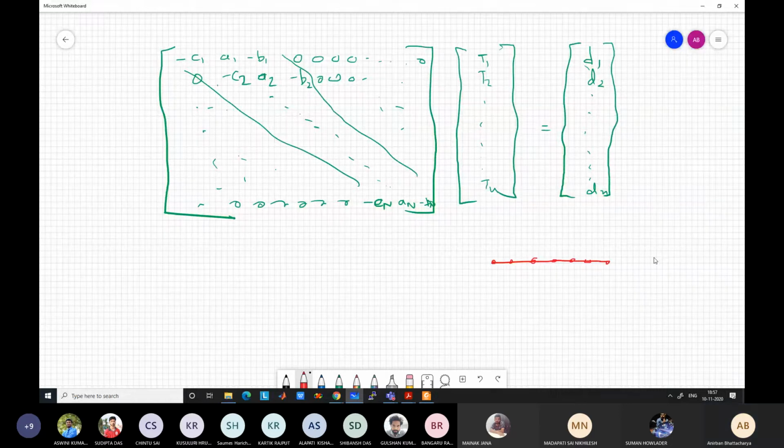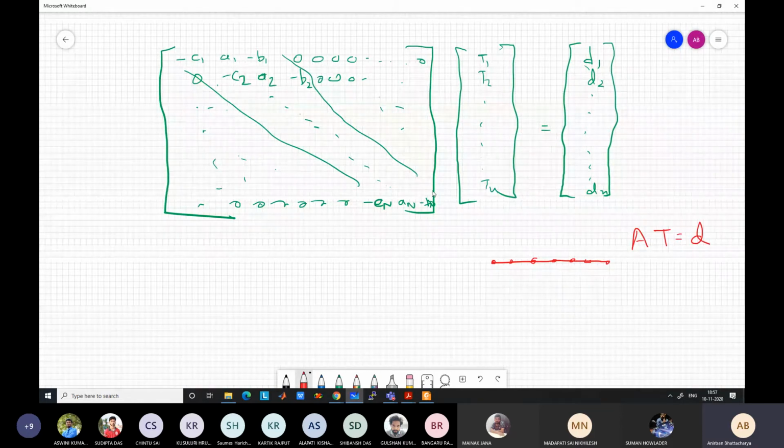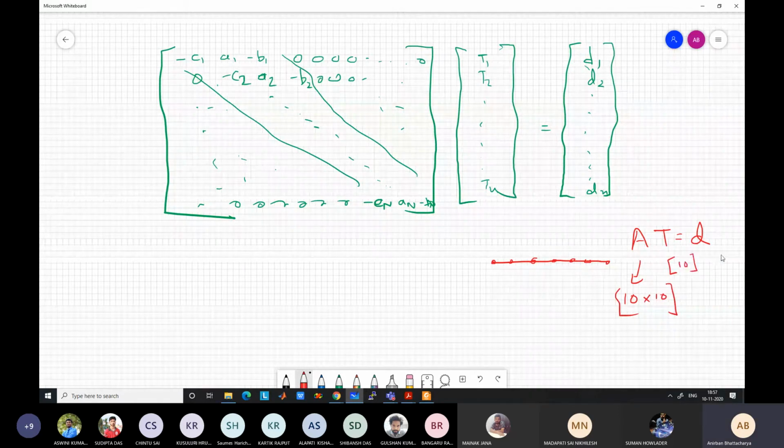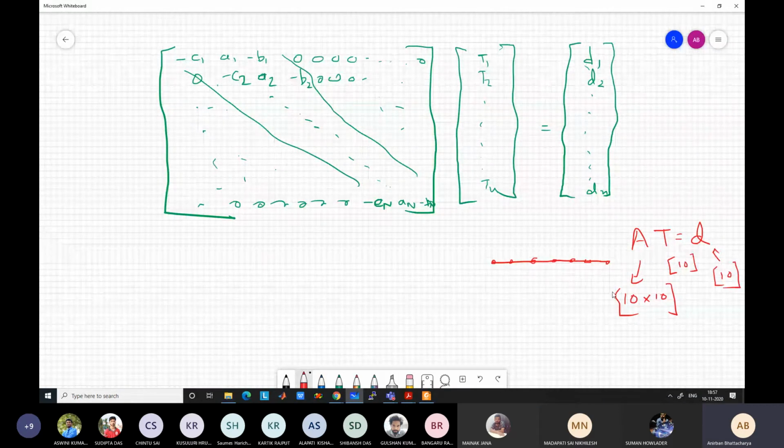For Gaussian elimination, we have a matrix equation A T equal to D, where A is a 10 by 10 matrix, T is a vector of length 10 and D is a vector of length 10. Because it is a 10 by 10 matrix, the time of calculation will be proportional to 10 cube.